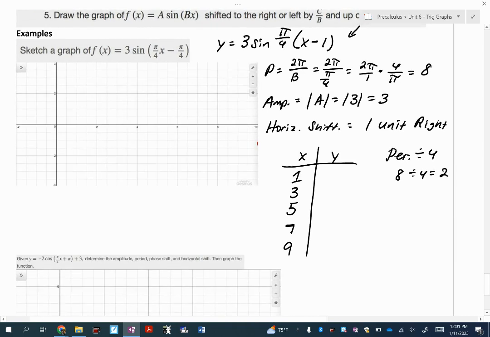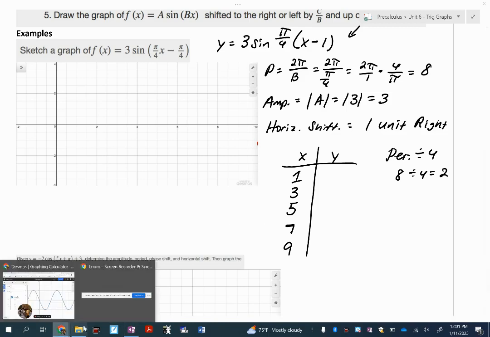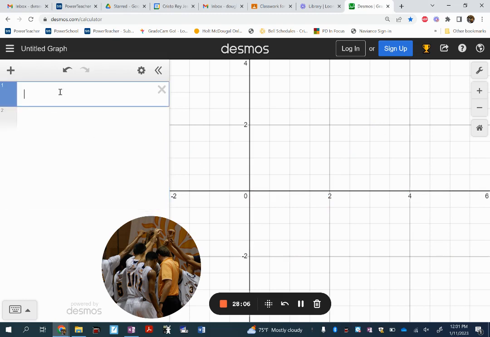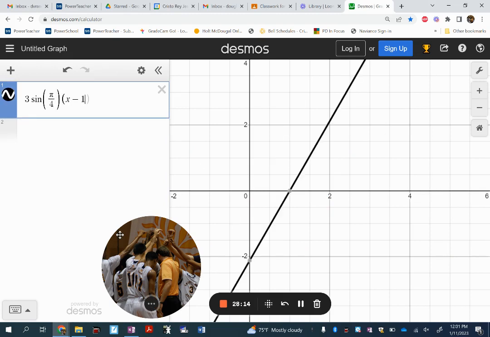So let's go to Desmos, and let's type in this trig function with sine. I'm going to do 3, let's delete all these. 3 times the sine, I think it's pi over 4, times x minus 1. Let me just confirm.